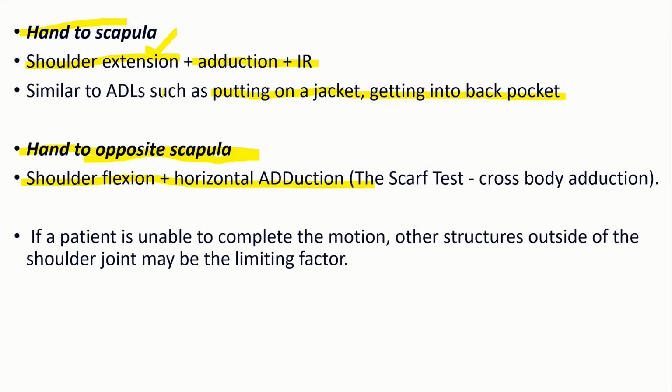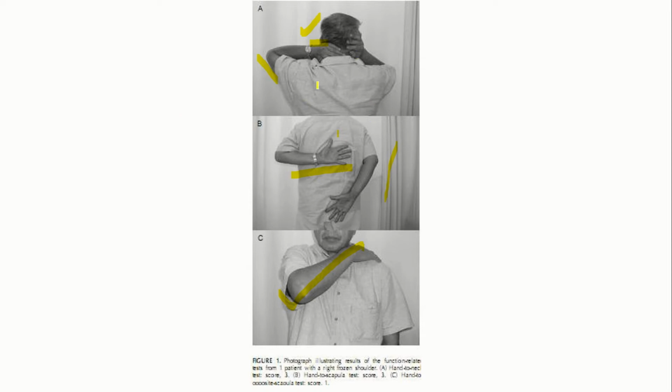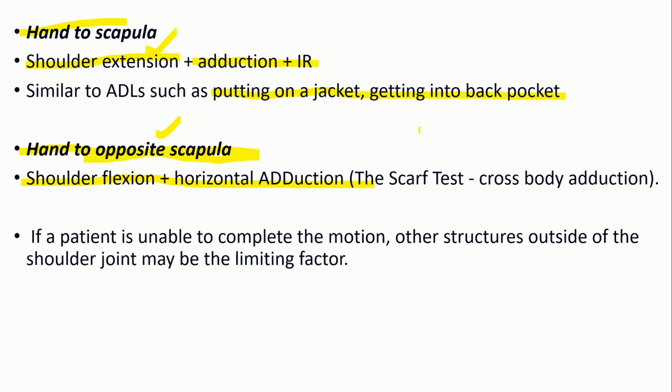So all these three ranges of motion, or these three activities, we are going to tell the patient to do. And if the patient fails in doing so, then there may be some other structures involved pathologically, which may be the limiting factor to these activities.